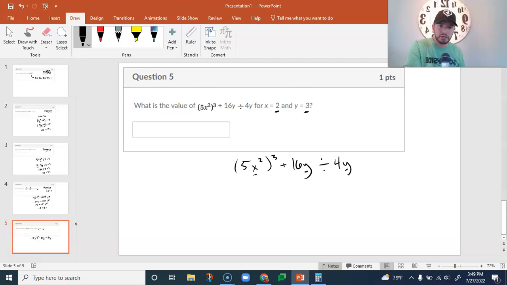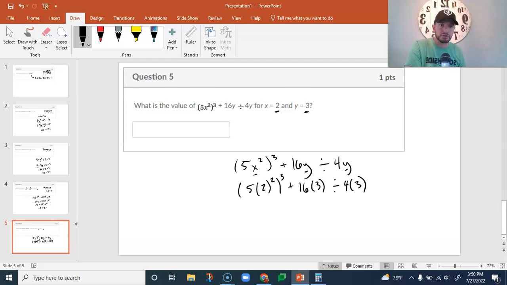So let's do it. This is going to be a little bit complicated here, so just make sure you're staying with me. So this is going to be 5 times 2 squared all to the third power plus 16 times 3 divided by 4 times 3.